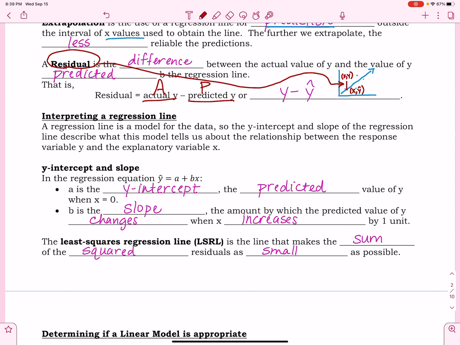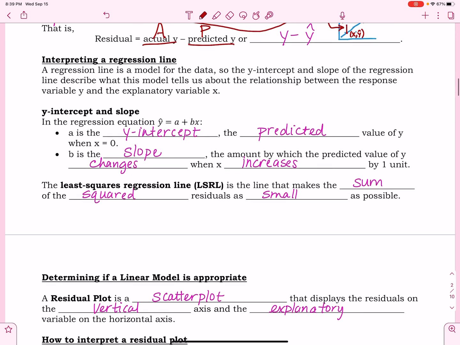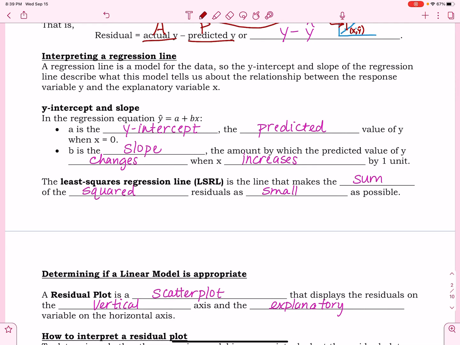Okay, so some other things we need to talk about here, interpreting our regression line. Since a regression line consists of a slope and a y-intercept, we are going to interpret a regression line based on your y-intercept and slope. Exactly how we're going to talk about this will get more specific in examples, but keep in mind that your y-intercept is always the value when x is 0.